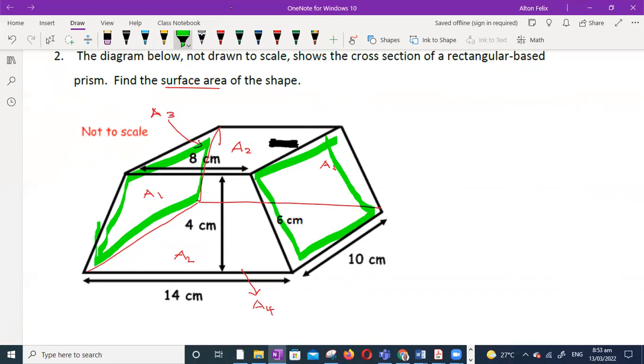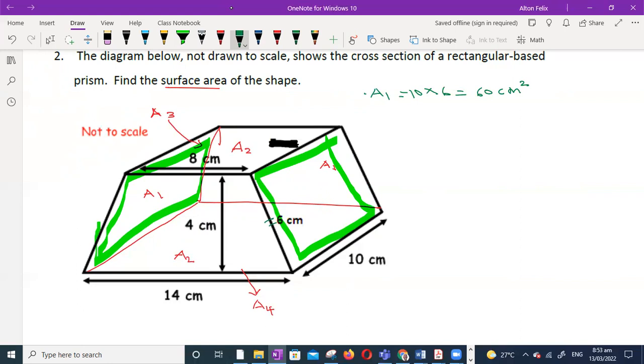So let's get our measurements. If we consider the first rectangle for area 1, let's put that one in green. Area 1: the length is 10 and the width is 6 right here. So this first area will be 60 centimeters square. Remember, we have 2 of these.